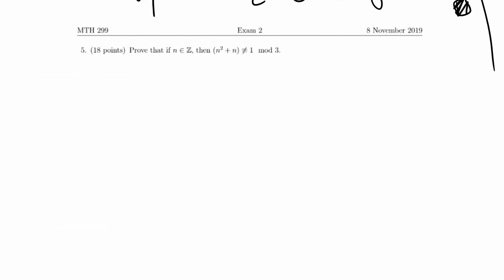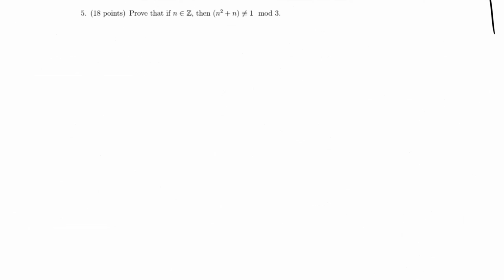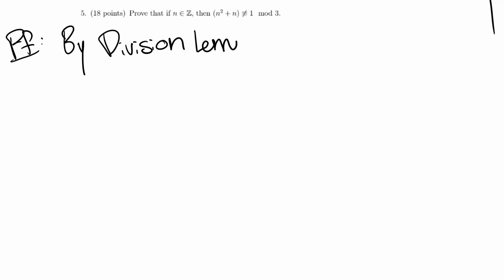Okay, next one. Prove that if n is an integer, then n squared plus n is not equal to 1 mod 3. Okay, so remember, we look at what our important number is, and we're going to use the division lemma. So let's just start by division lemma. And it's always good to write out what the division lemma actually is, or at least write the stuff that I'm about to do.